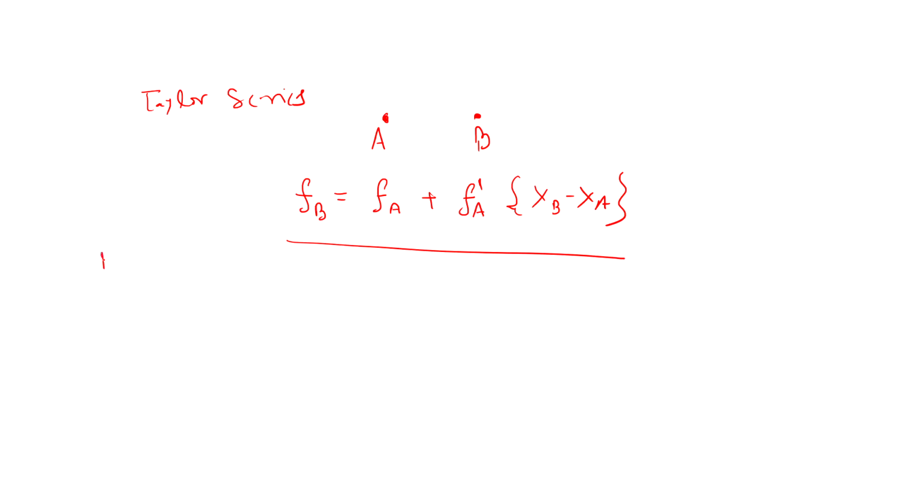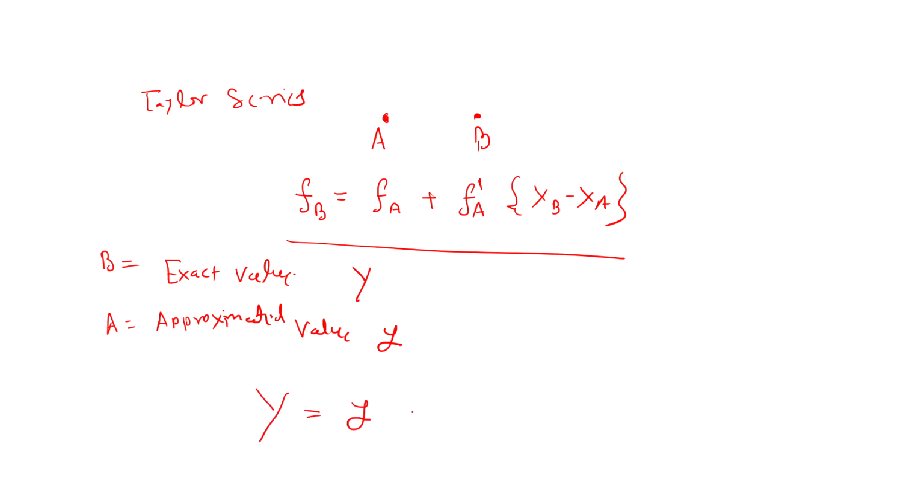Now let us call point B the exact value, which is capital Y, and point A the approximated value, which is small y. So what I have is capital Y as small y plus f prime delta aj, where this derivative is with respect to the parameters.